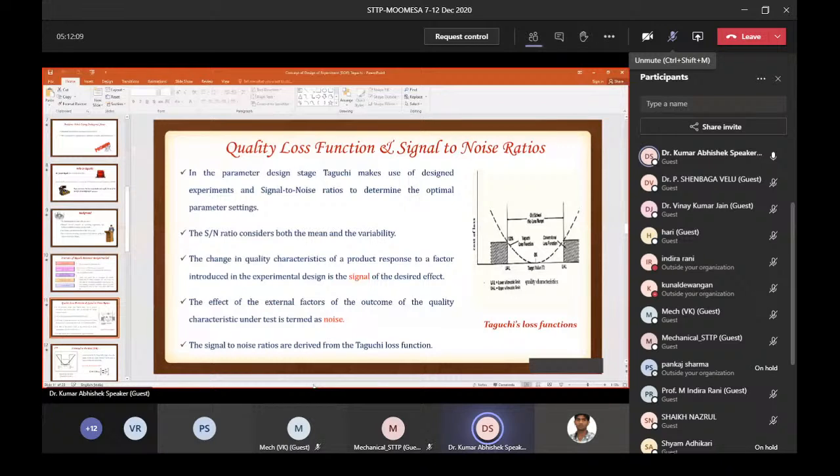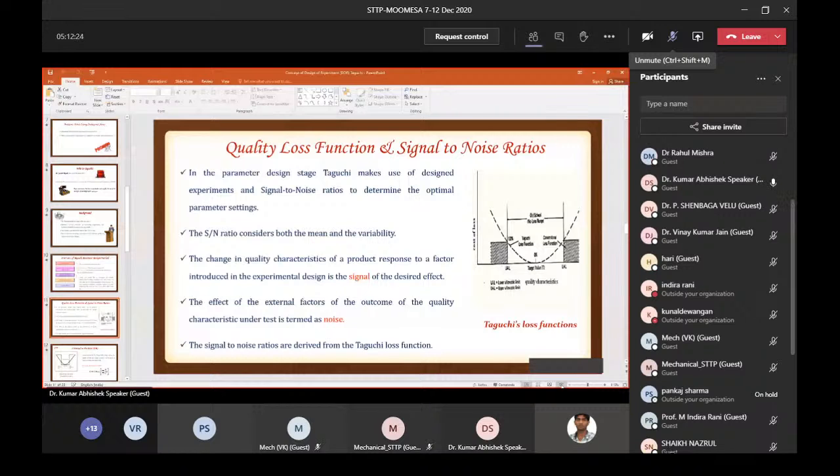Suppose you are considering the diameter of the shaft, then we have the nominal is the best.